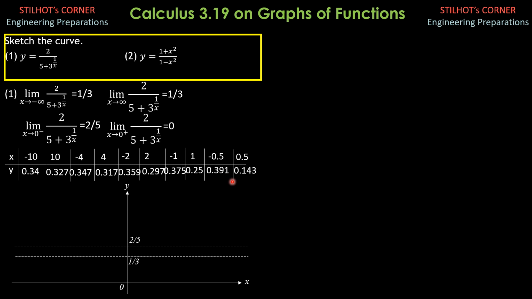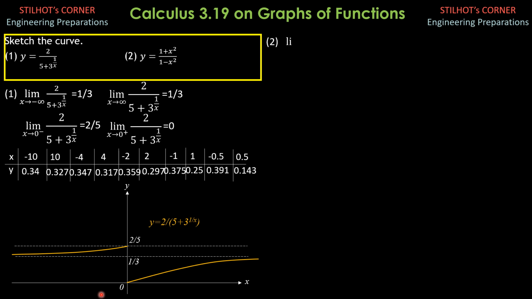Then when x is 0, it is almost 0, so it looks like that. On this part, the graph looks like this. So that's the graph of y equals 2 over 5 plus 3 to the 1 over x.